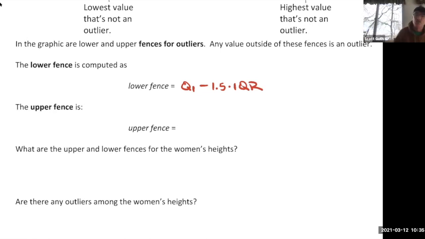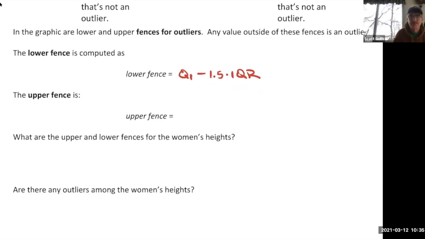Just like we would say 2 standard deviations below the mean for the usual range. For the upper fence, we go from the right edge of the box, Q3, and we go up about 1.5 times the interquartile range, which is about 2 interquartile ranges above the median.